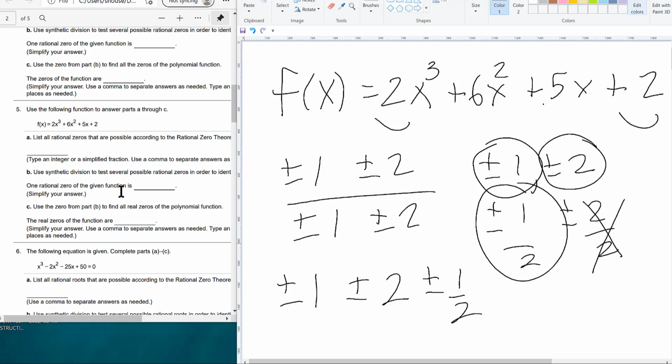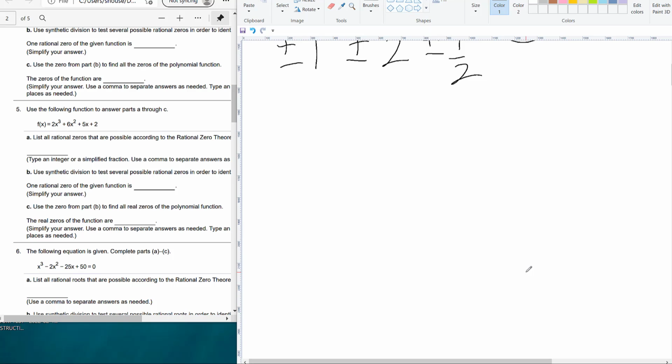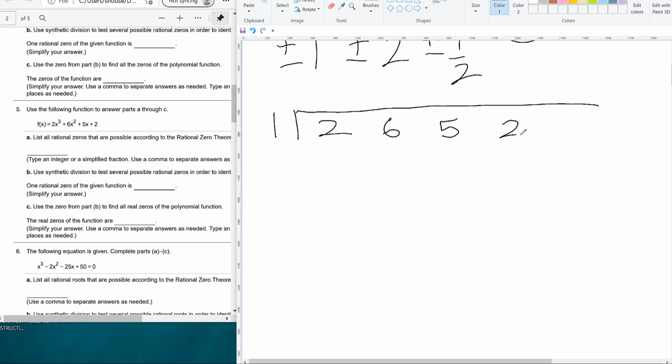Now in part B, they ask us to use synthetic division to find if any of these are actually zeros of the function. That means when we synthetically divide, we'll get a 0 remainder. So I start with 1, and I put the coefficients of my polynomial inside, and notice that the polynomial is in standard form and all exponents are represented.